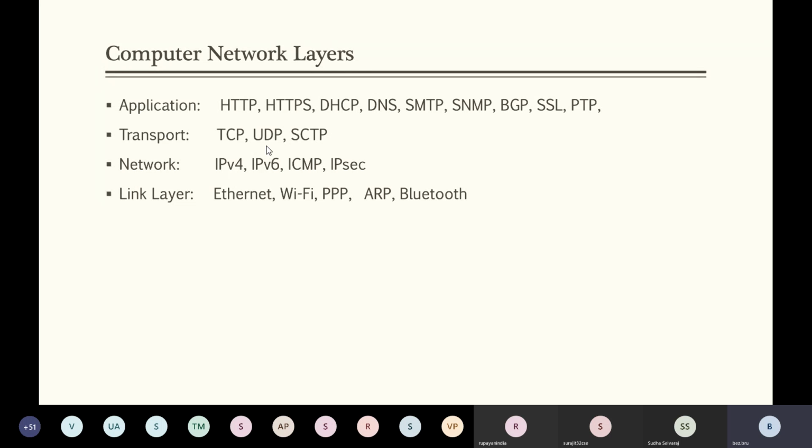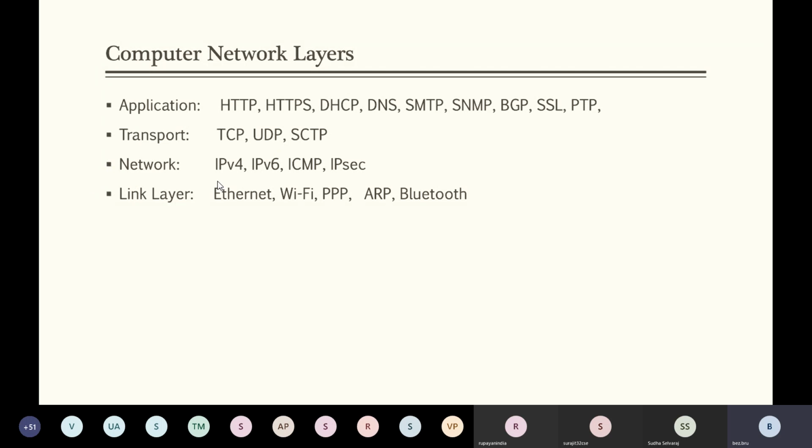UDP is a datagram oriented, connectionless protocol, and it doesn't have any reliability or other mechanisms to make it robust. But modern browsers actually use UDP very heavily, building reliability on top of UDP. So these are interesting protocols at this layer.